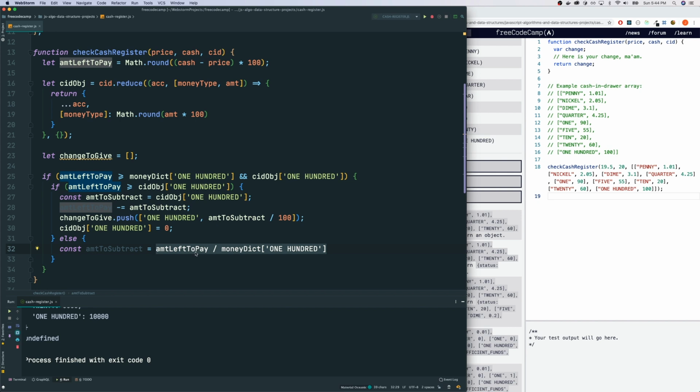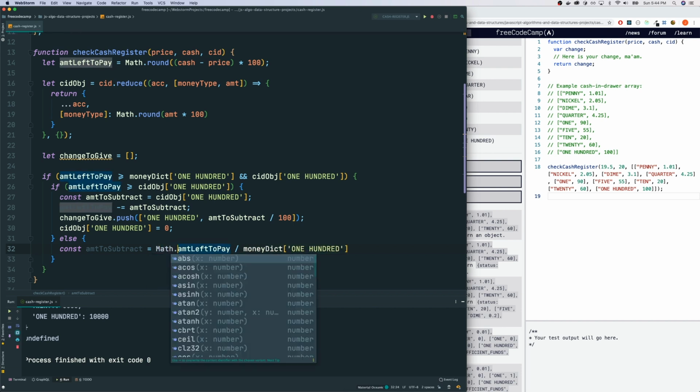Let's say amount left to pay was $303. And we want to see how much we have to divide, right? So in this case, we're saying amount left to pay divided by 100 is like 3.03, right? We don't want to take out 3.03 amount. We want to Math.floor this to get 3.